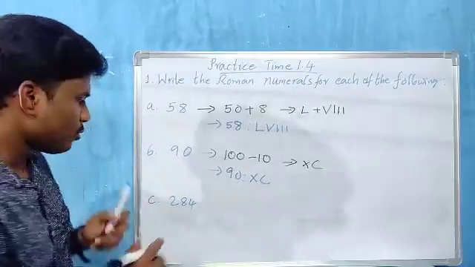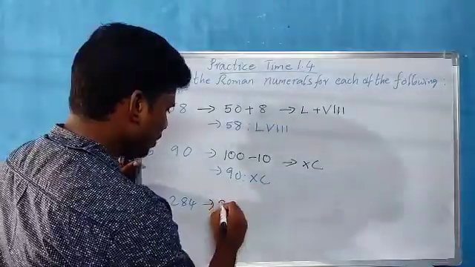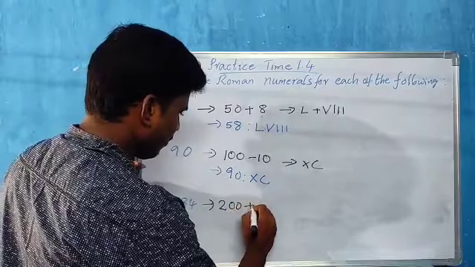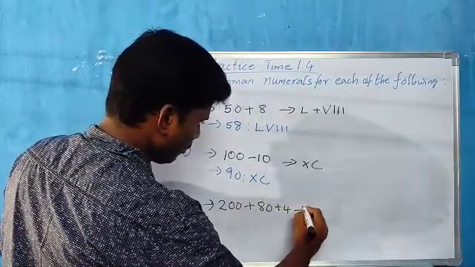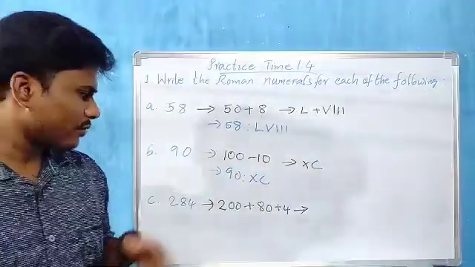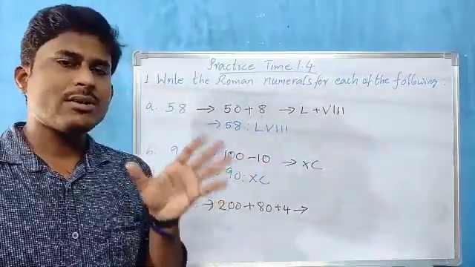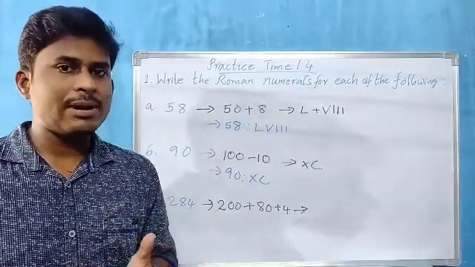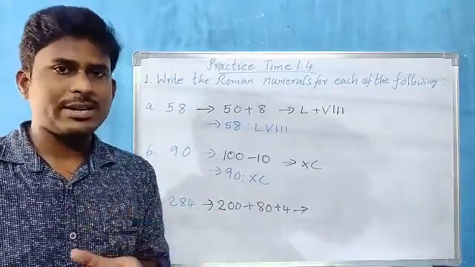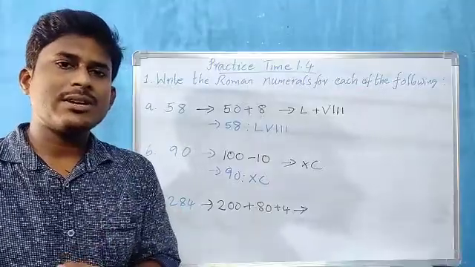So last question, children, we have 284. As I said, first let us go for the expanded form: 200 plus 80 plus 4. Okay children. So first we have to look for direct symbols or a combination of symbols. 200 we do not have a direct symbol, but we can write 100 plus 100. What is the symbol of 100, children?